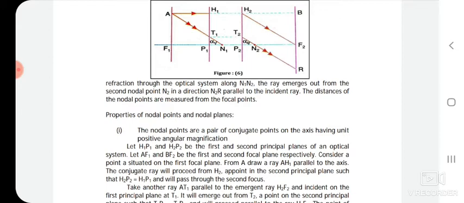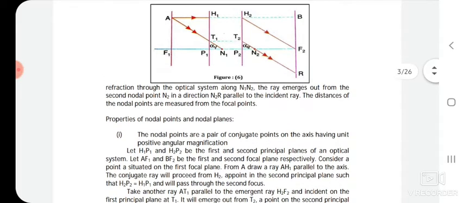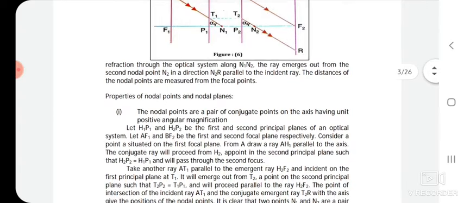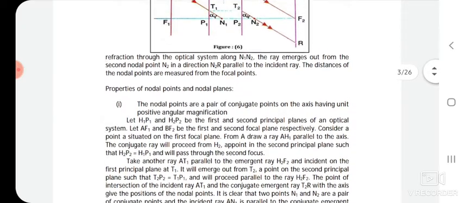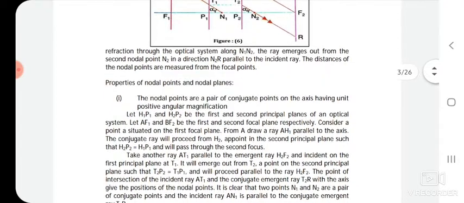It will emerge out from a point T2, a point on the second principal plane, such that T2P2 is equal to T1P1, and that ray will proceed parallel to the H2F2.